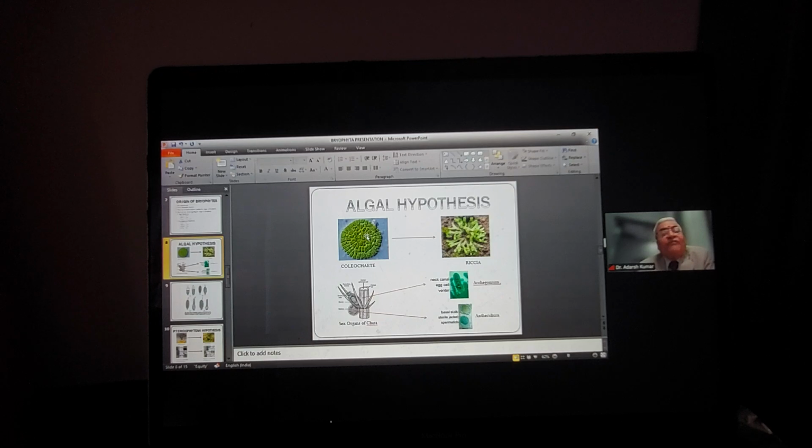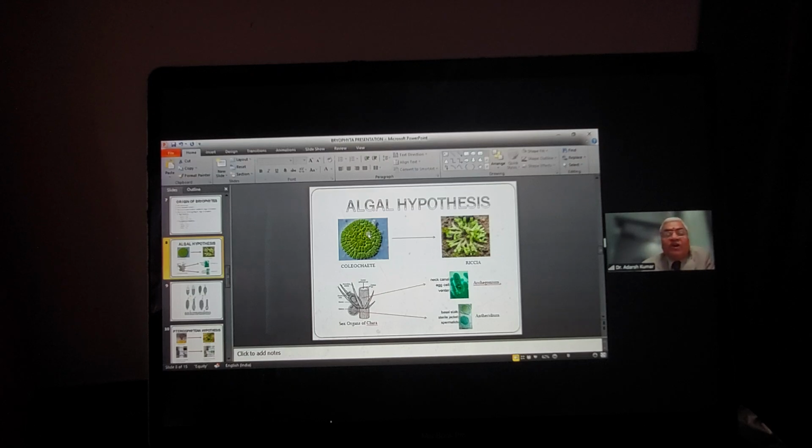In case of algae, this zygote soon divides by meiosis, reduction division, and forms the meiospores. It is believed that in due course of evolution, this zygote of algae failed to divide by meiosis or reduction division, and it started to divide by mitosis.